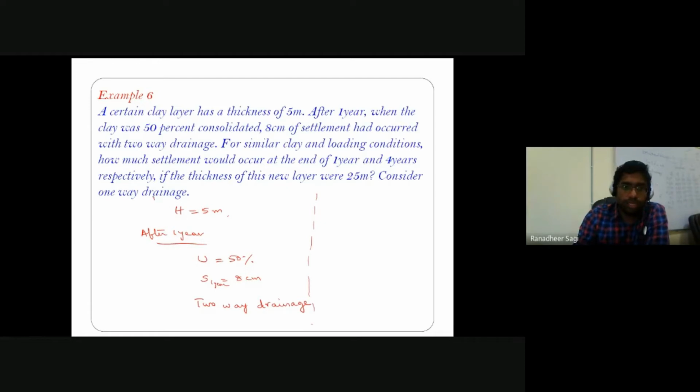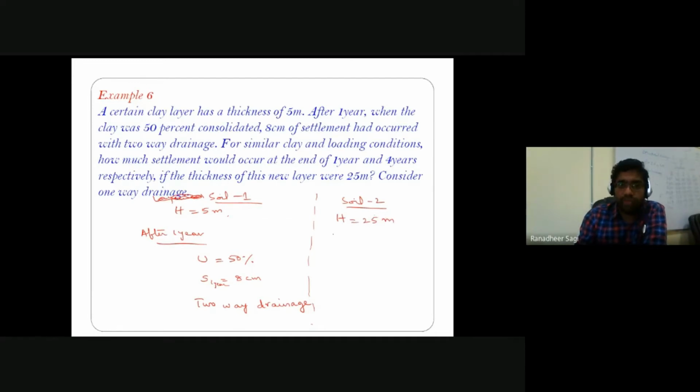This is soil 1, and this is soil 2. The properties of soil 1 and soil 2 are the same, but the height of soil 1 is 5 meters, and the height of soil 2 is 25 meters.